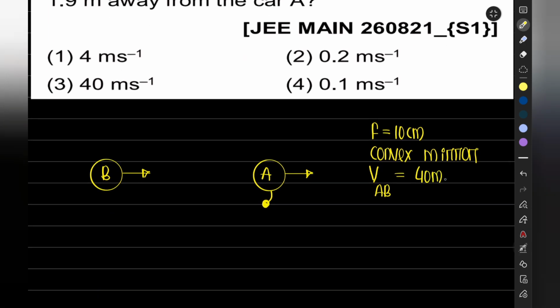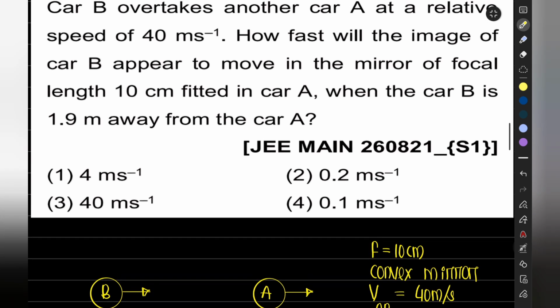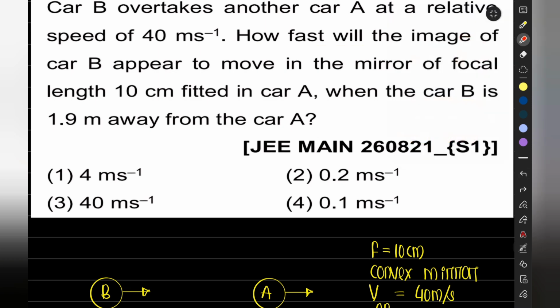And they are asking what will be the speed of the image, that is, how fast the image of car B will appear to move in the mirror, and this mirror is fitted in car A.